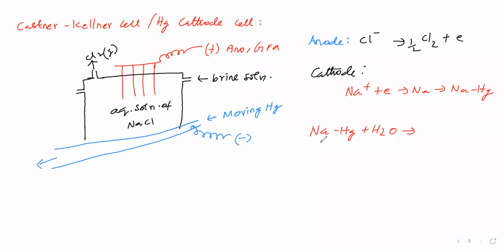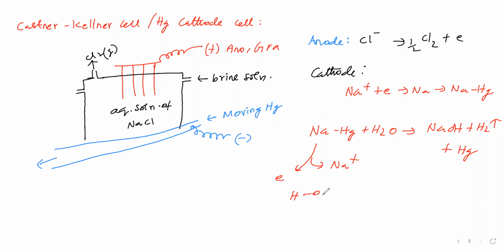Sodium reacts with water and becomes sodium hydroxide, and from water, hydrogen gas is liberated. Mercury is getting separated. So sodium amalgam reacts with the water and becomes sodium hydroxide and hydrogen gas. Sodium loses the electron and becomes Na plus.